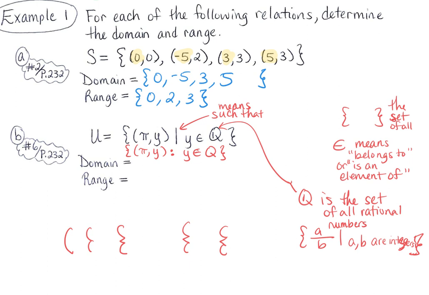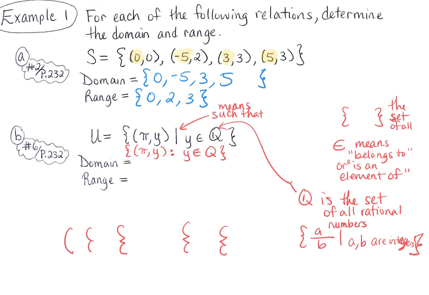So let's stay focused. But that's a good question, because a lot of people ask how you write that. Okay, so let's read it. This is the set of all ordered pairs (pi, y) such that y belongs to the set of rational numbers.